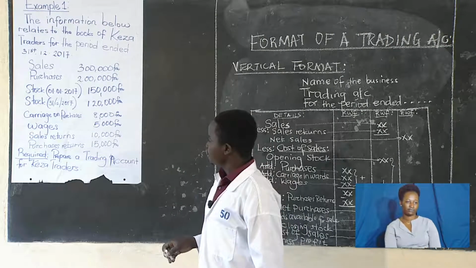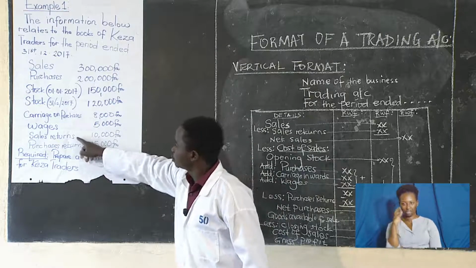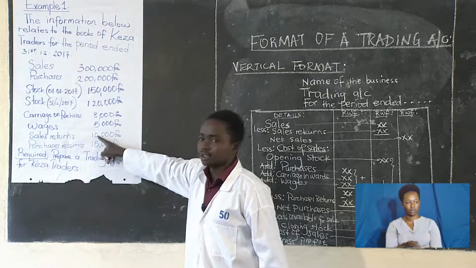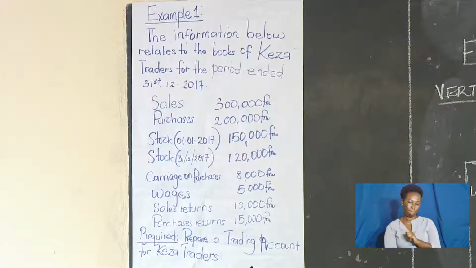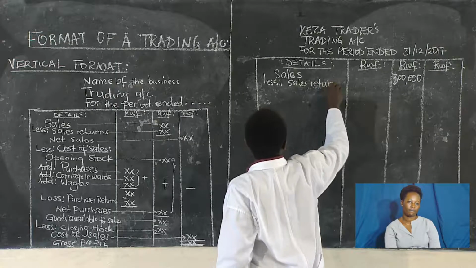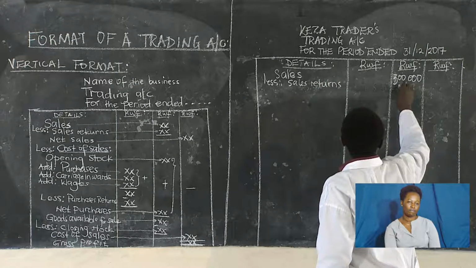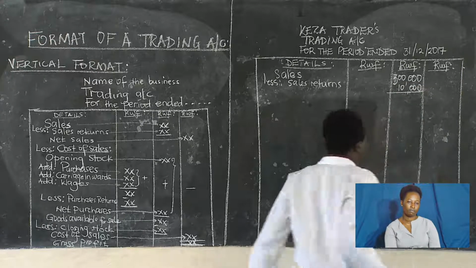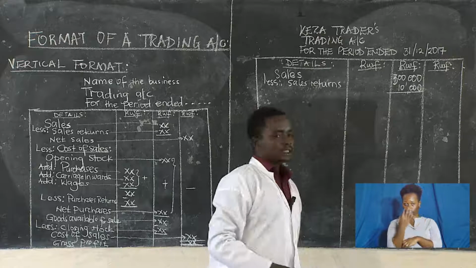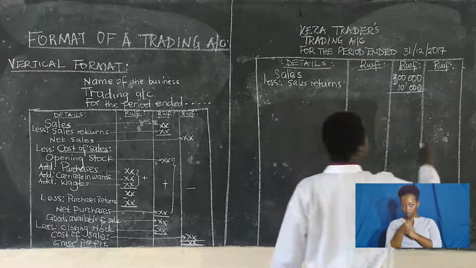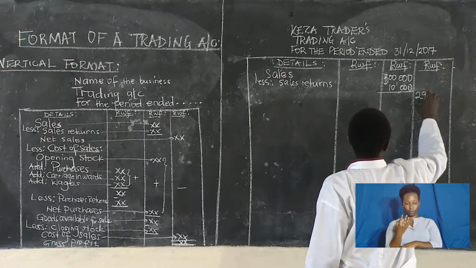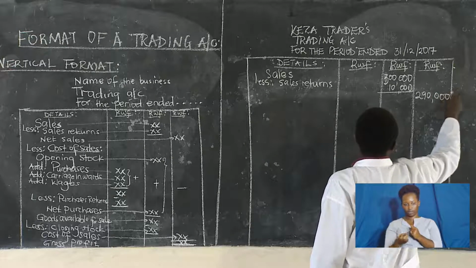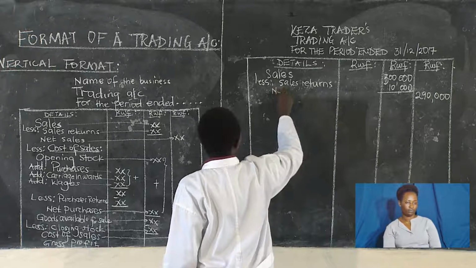Are they there? Yes, he returned goods worth 10,000. So we have to subtract them there. So less sales returns or return inwards, 10,000. So when you subtract this, what do you get? 300,000 minus 10,000. Yes, you get 290,000. So that is your net sales figure.